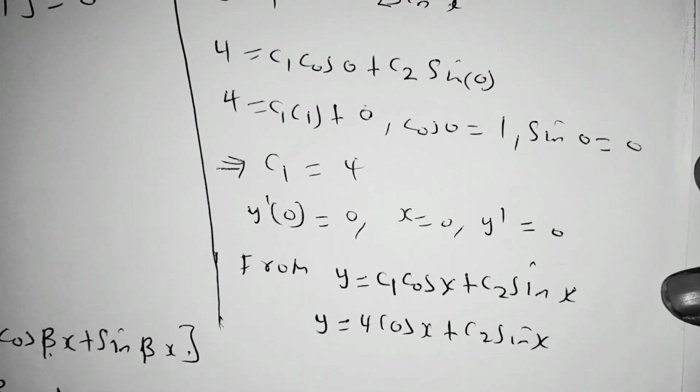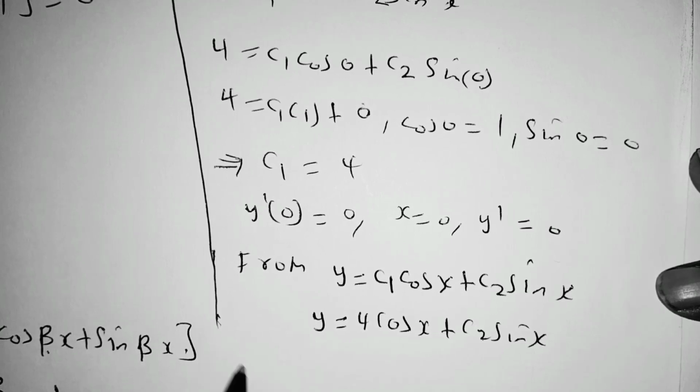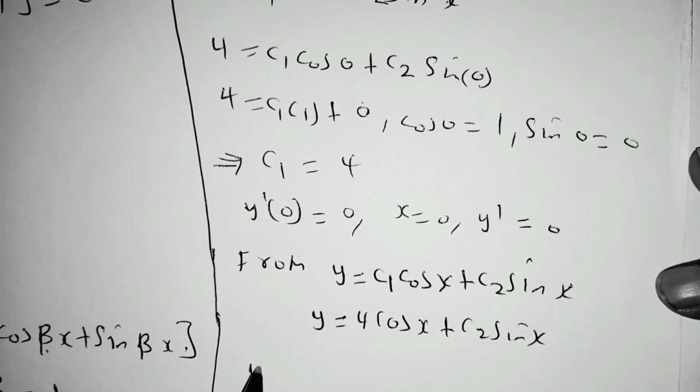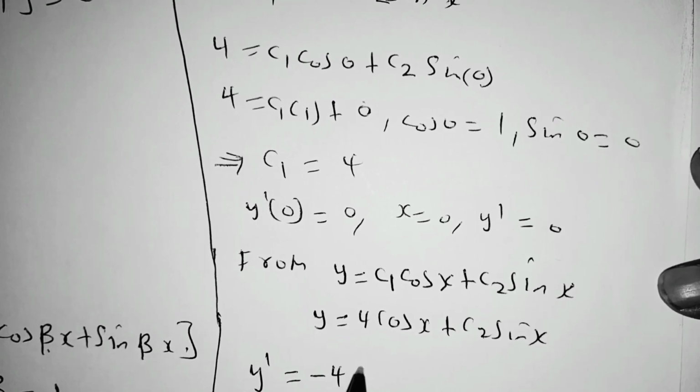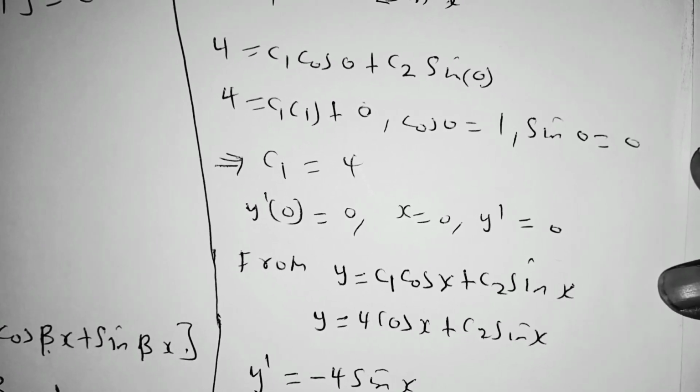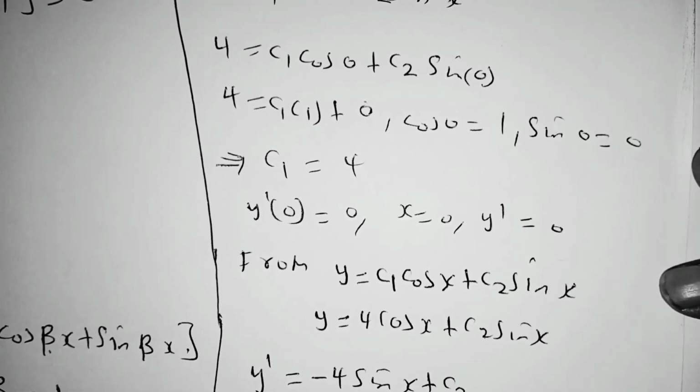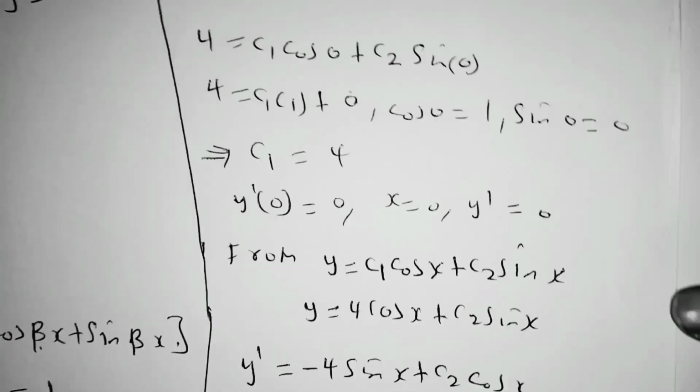Then to apply the initial condition, we get y prime, which is equal to negative 4 sine of x plus C2 cos of x.